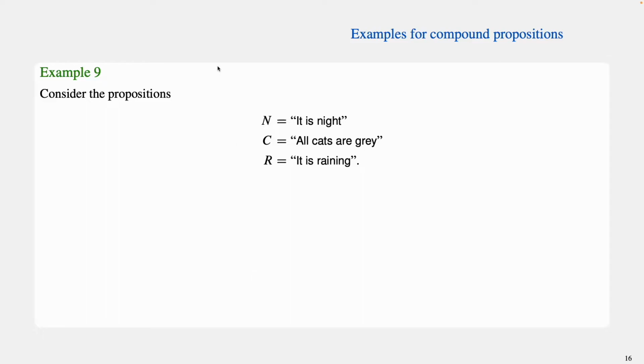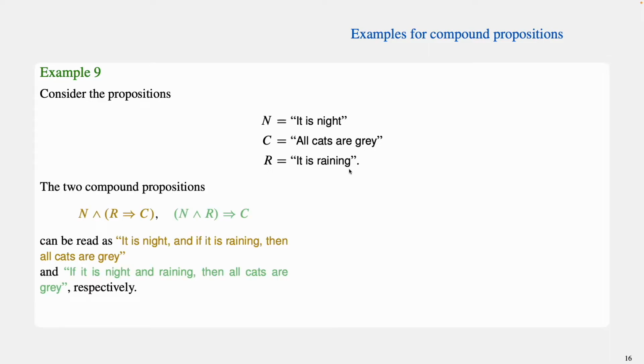And now I want to look at an example where we combine more than two propositions. So we have three propositions here. N, it is night. C, all cats are gray. And R, it is raining. And we can form two compound propositions from these using the same operators, the and the implication, in the same order.